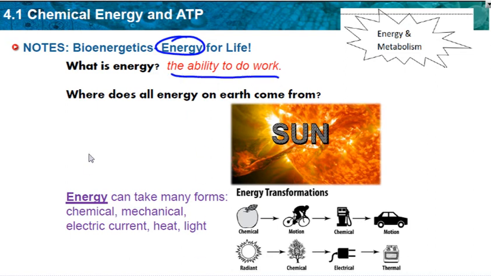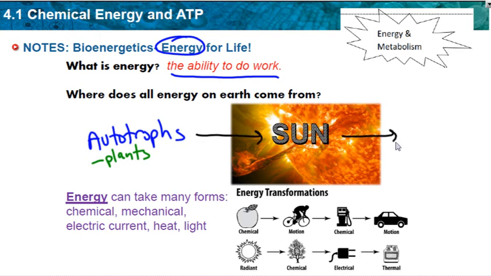Now, a big word that we have within biology is autotrophs. An example of your autotrophs are going to be your plants. The importance of your autotroph is they can harness the sun's energy to make sugar.